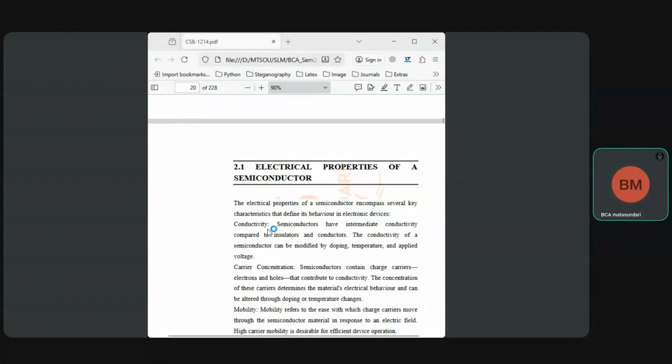That is conductivity. Conductivity is intermediate compared to an insulator and a conductor. The conductivity of a semiconductor can be modified by doping, temperature, and applied voltage.